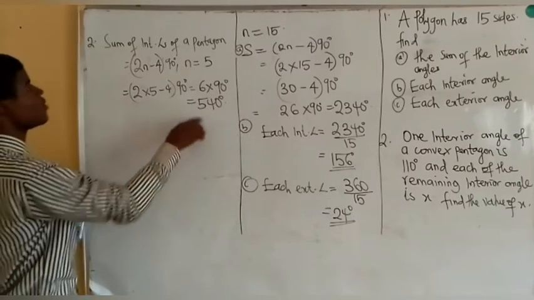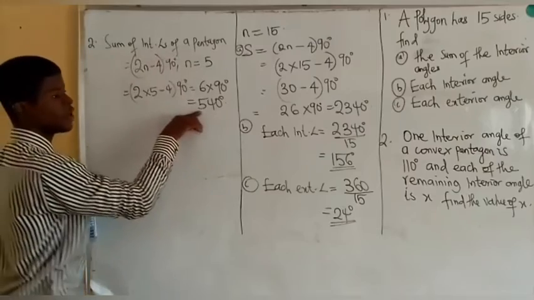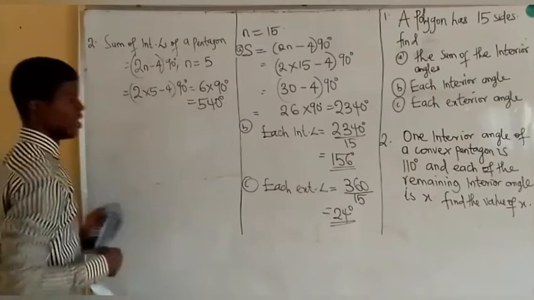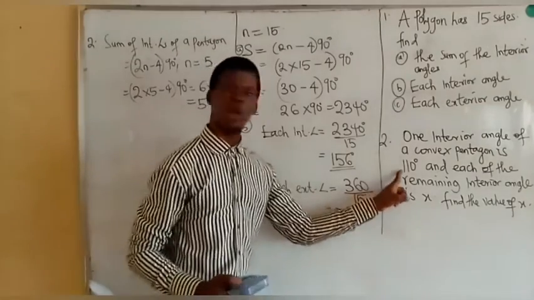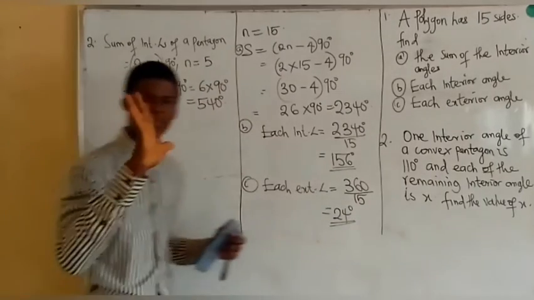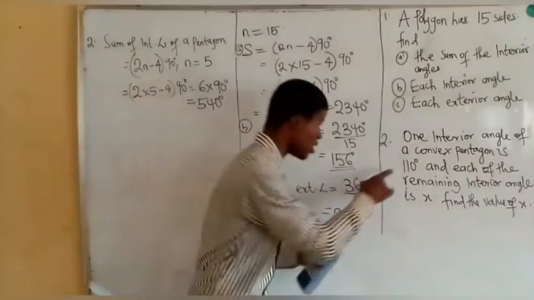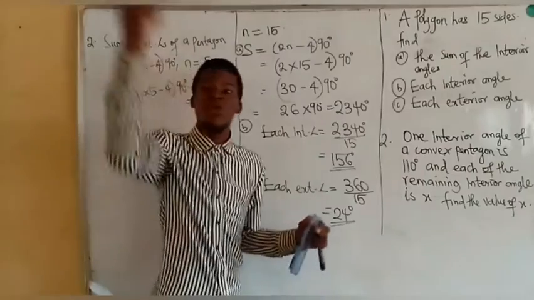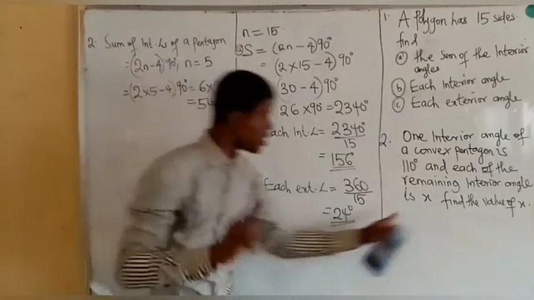Now, if the sum of interior angles of a pentagon is 540 degrees, they have said that one of the angles is 110 degrees. And in the pentagon, there are 5 angles. One is 110. They said that each of the remaining ones is x.